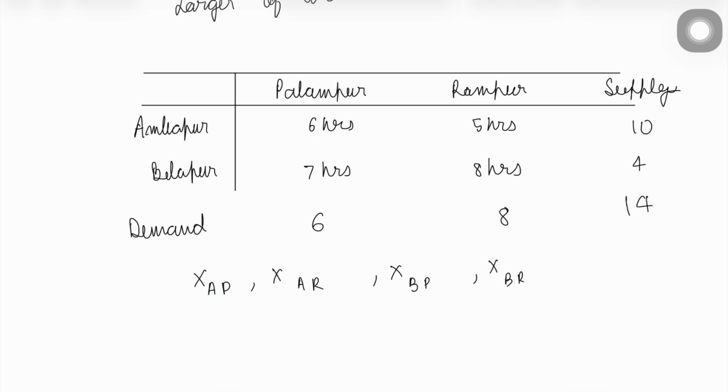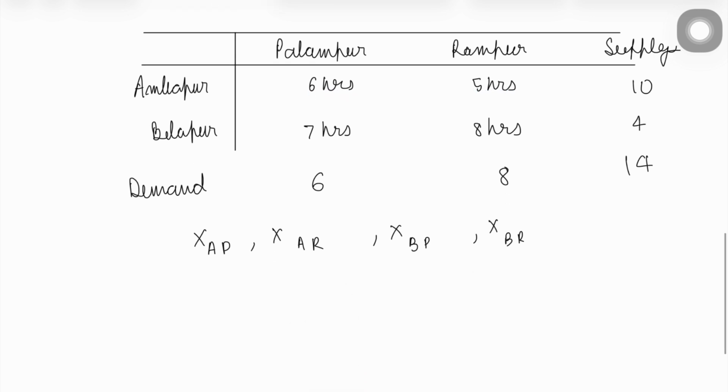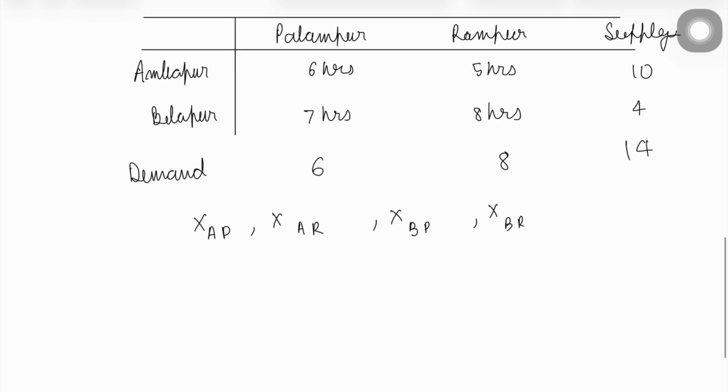As the name suggests, X AP will originate from Ambapur and reach Palampur. Similarly, X AR will start from Ambapur and reach Rampur, and so on. Here we have some restrictions. So this is the decision variable. Let's talk about the constraints.